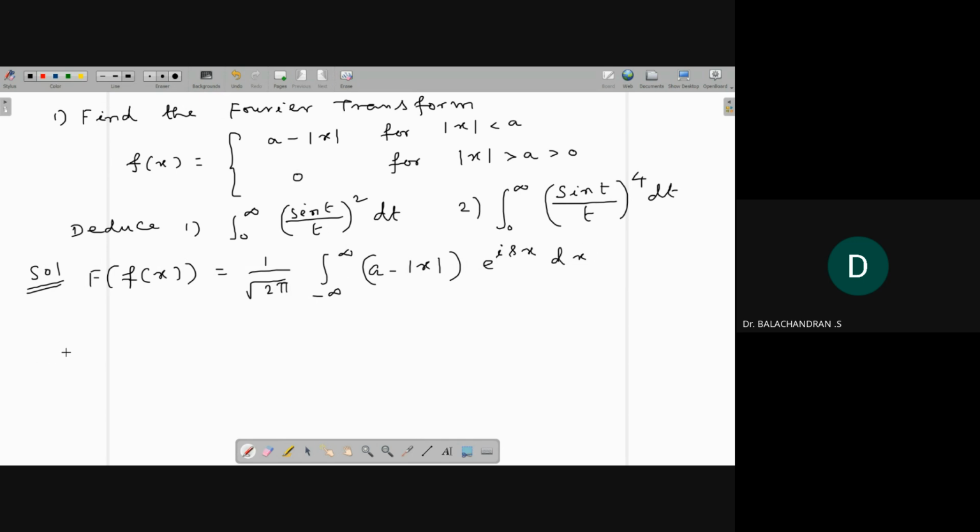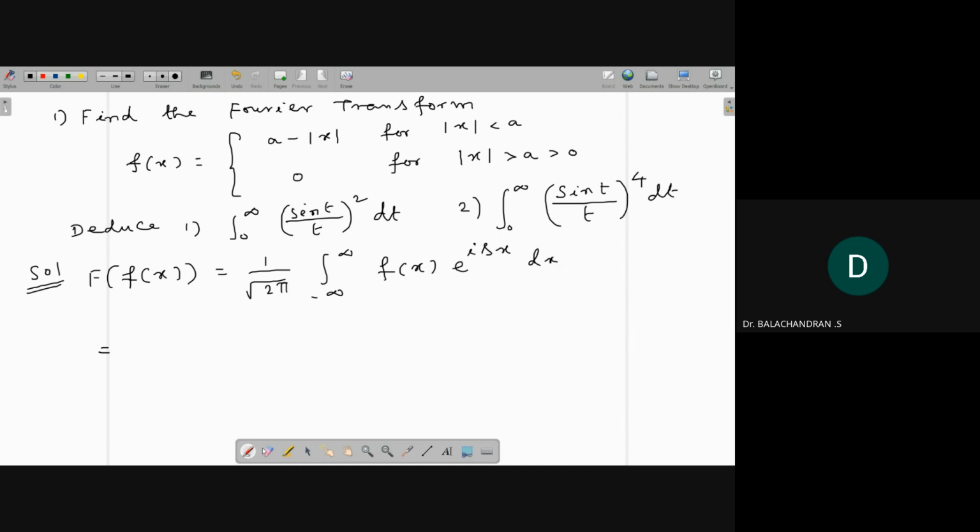Okay, and then the first step is to divide the whole interval into three parts. I'll write here minus infinity to plus infinity. I don't write a minus mod x here, I just write f of x and e power isx into dx.